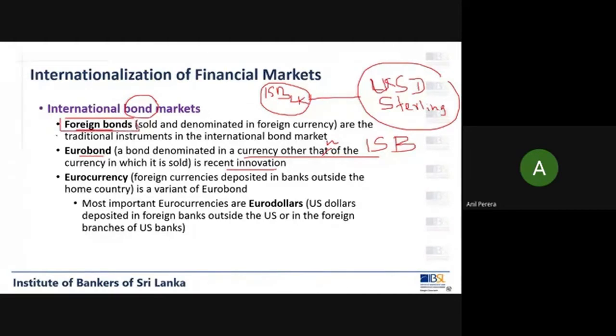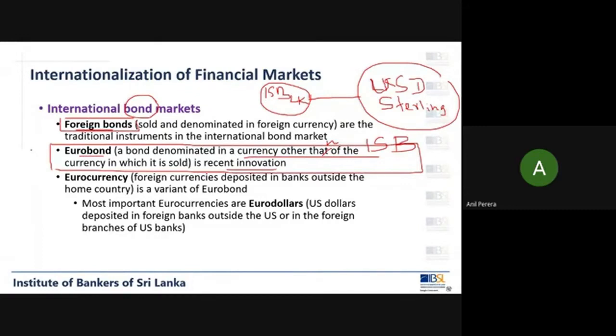You need not go to the international bond market. You can sell it here, and if it is accepted in international markets, you can trade it there also. But the most important instrument here, I would say, is the euro bond, the ISBs. The best example is ISBs.